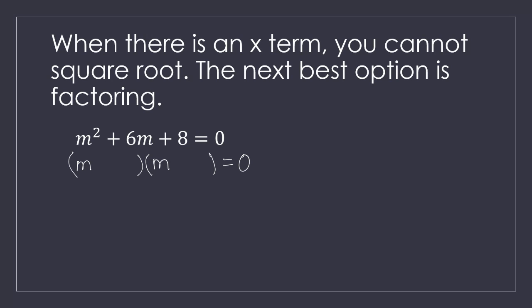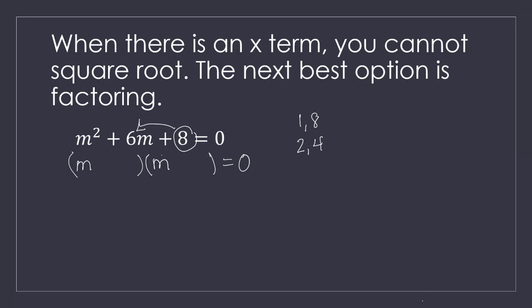Now, what we're looking for are factors of 8 that are going to add or subtract to make 6. So let's start by listing out all the factors of 8. First, there's 1 and 8, 2 and 4, and that's it. There's nothing else that multiplies to be 8. So one of these two pairs is going to work to make 6.